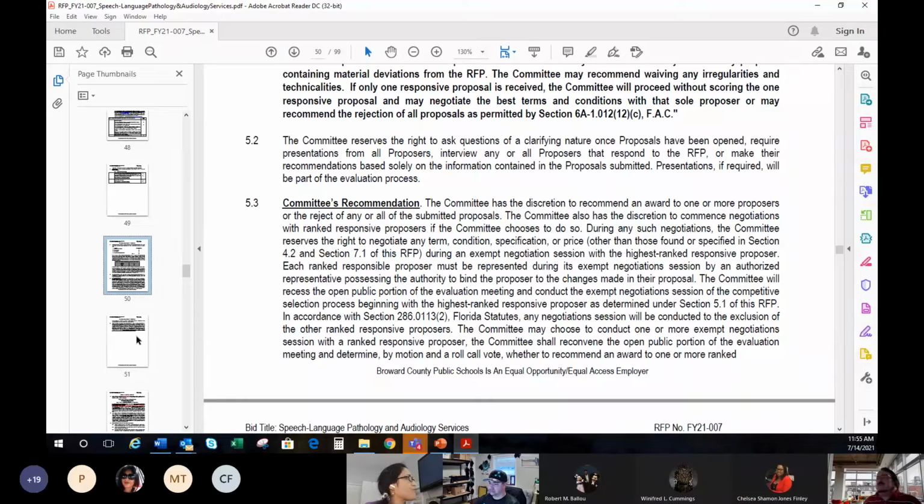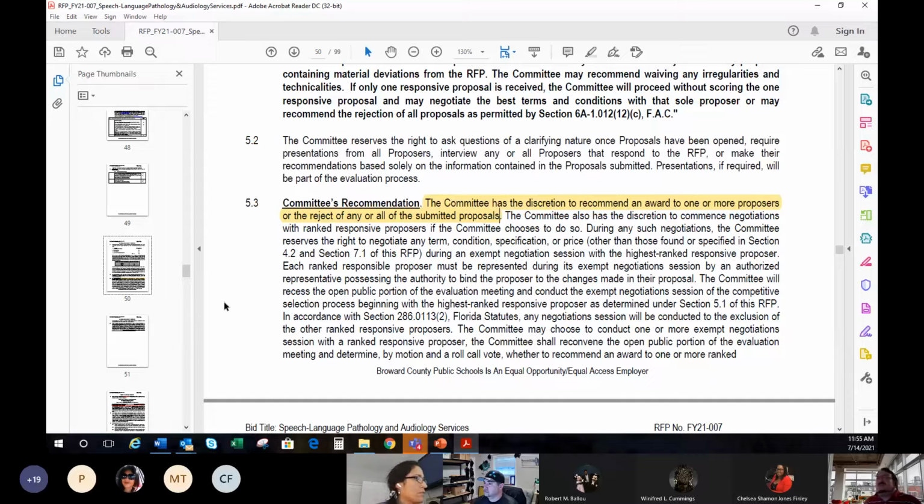So it says the committee has the discretion to recommend an award to one or more proposals or reject any or all of the submitted proposals. So that would be discussed during the evaluation session.